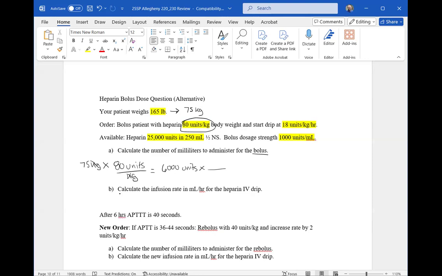And then I'm going to convert units to milliliters. My bolus dose is 1,000 units per milliliter because that's what it tells me. And so I'm going to get an answer of 6 milliliters. So sometimes it's a nice even answer. That's what I like.